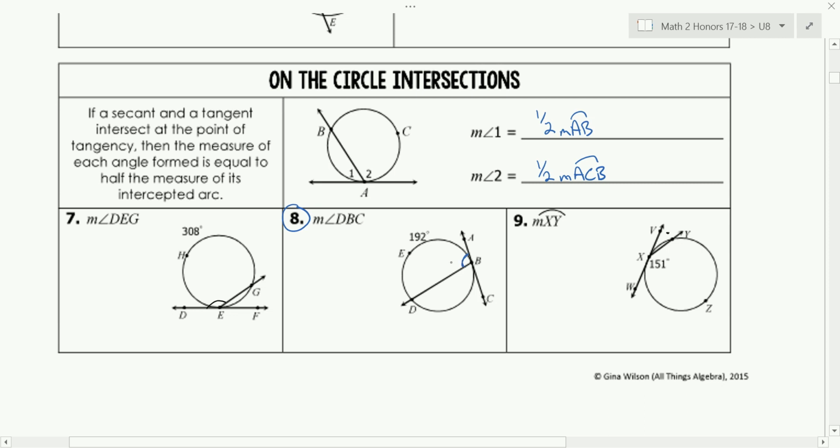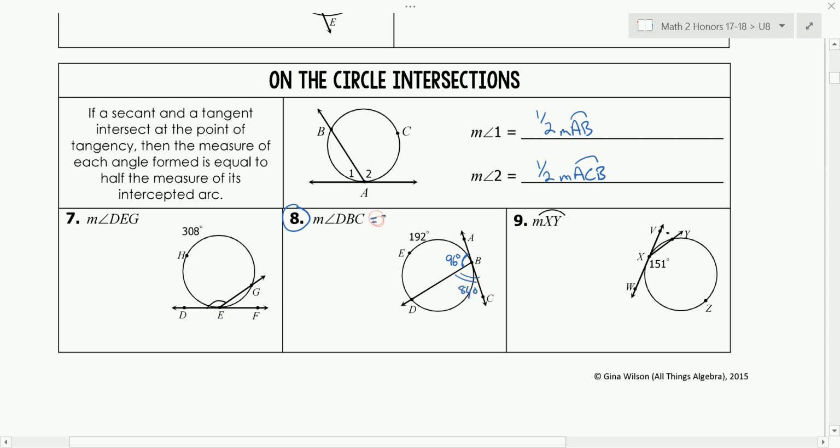Which is? Good. We're finding that angle using the relationship that the measure of that angle is half the measure of that arc. Good. And then what did you do? And what did you get? 84. So that's got to be 84 here.